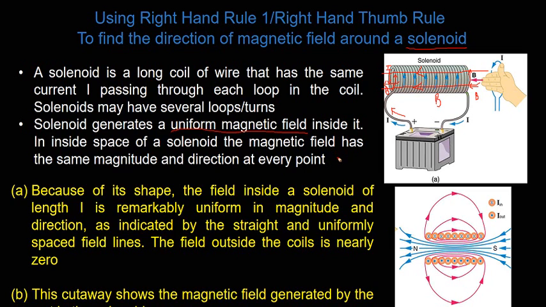For example, in MRI diagnosis or imaging, a solenoid is used to create a magnetic field, which needs to be very stable.